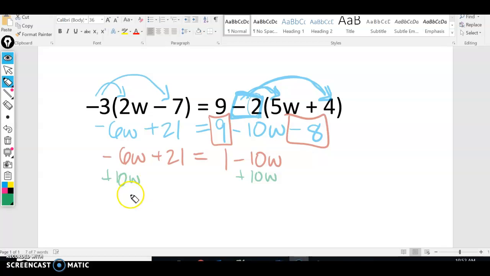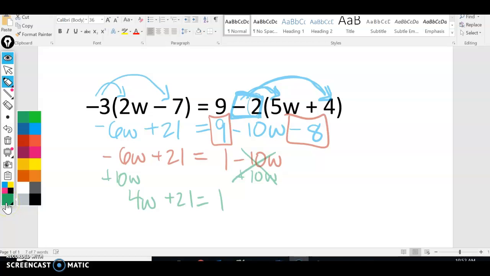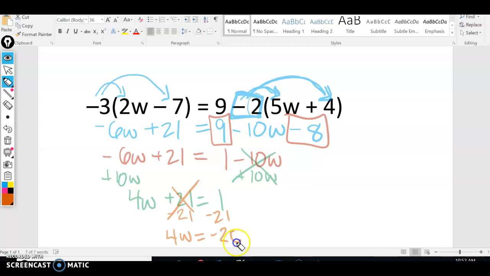And I'm left with a 4w plus 21 equals positive 1, since those canceled out. Next, I need to move my constant by doing the subtraction property of equality, subtracting the 21 from both sides, canceling those out, leaving myself with 4w equals a negative 20.